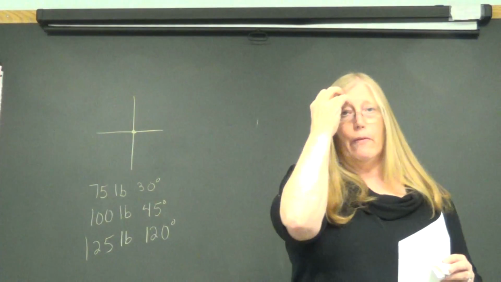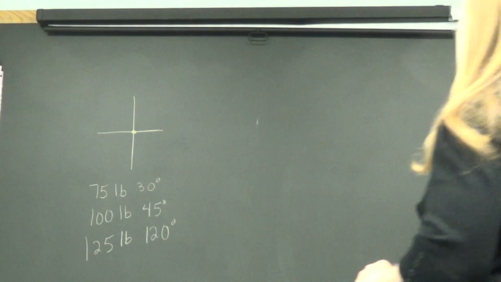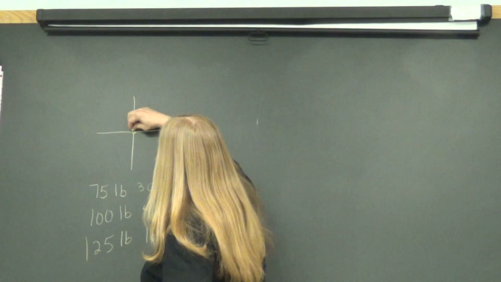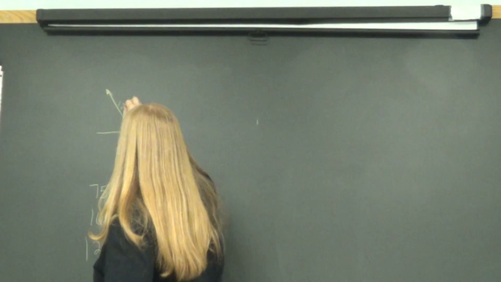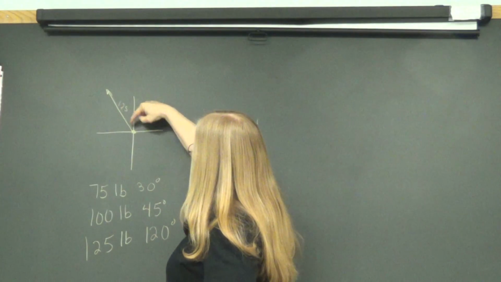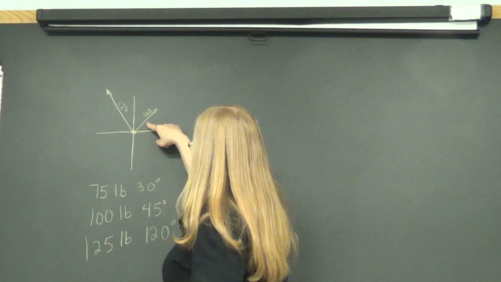So there are going to be three forces acting on my spot. So 75 pounds, I'm going to sketch this. 120 is about here, so that's the longest vector, it's 125. Then the 100-pound one, I'm going to draw a shorter vector to represent 100, is at 45 degrees.